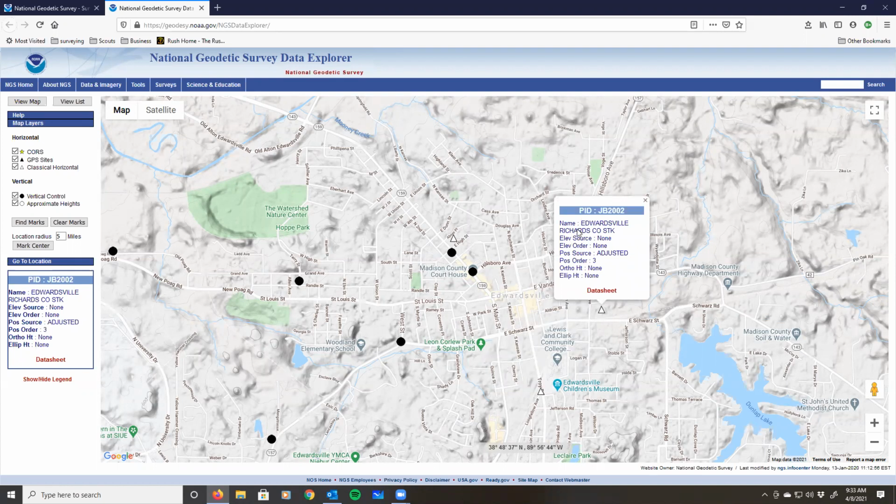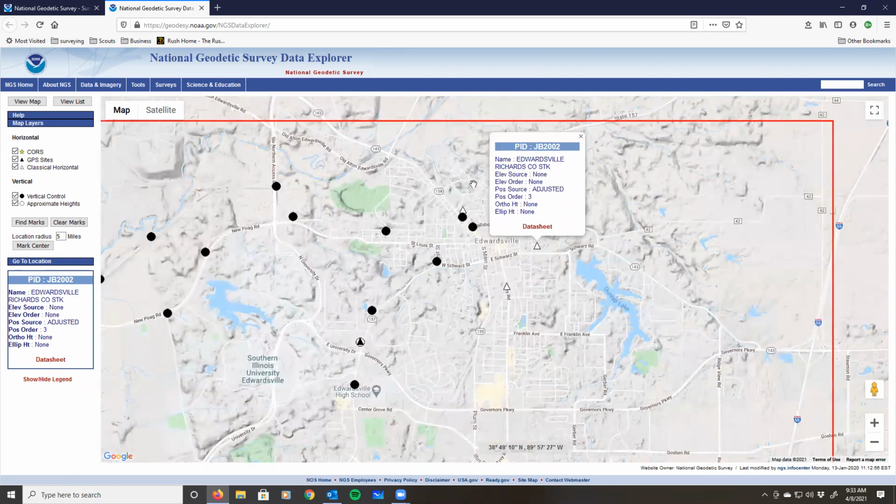The Richards bricks smokestack was one of them, but generally, if it's just an open triangle like that, then it's not a very accurate location. If it has a black triangle like that, then anything that's colored in black is going to have a better position on it.